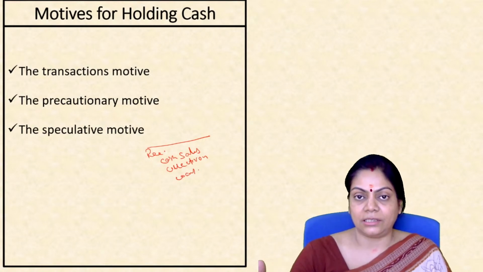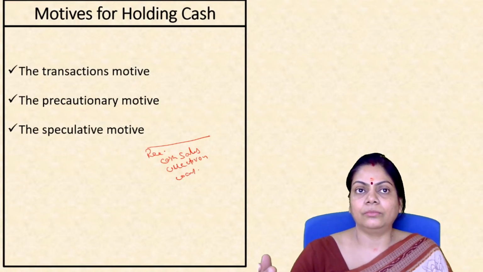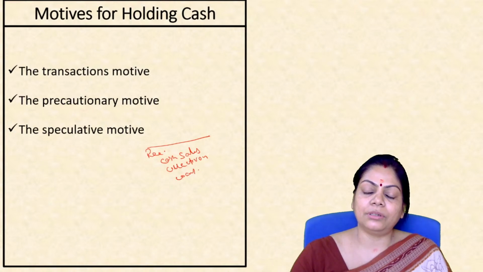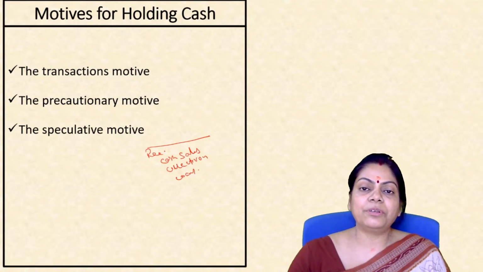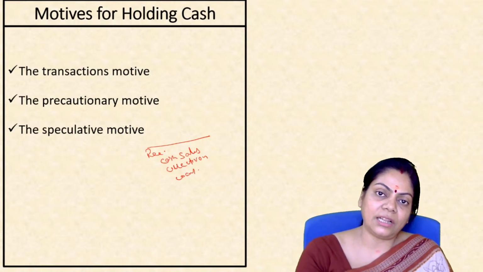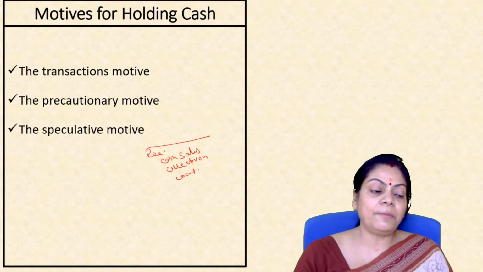For example, lease rentals, or rent that you are paying on your premises. These expenses are not dependent on business activities. What kind of business activity you are having right now does not interfere with the lease rental that you are paying. It is fixed at the beginning of the period. So these are called independent cash flows.